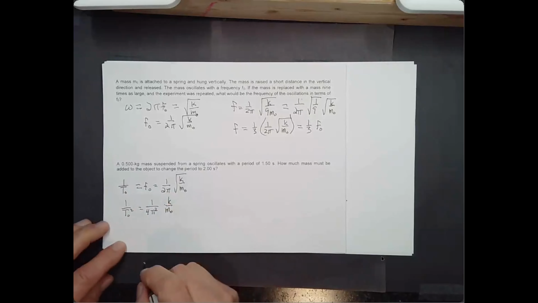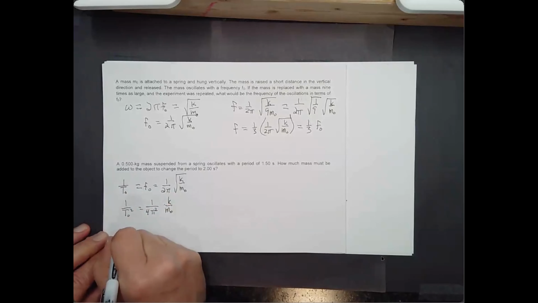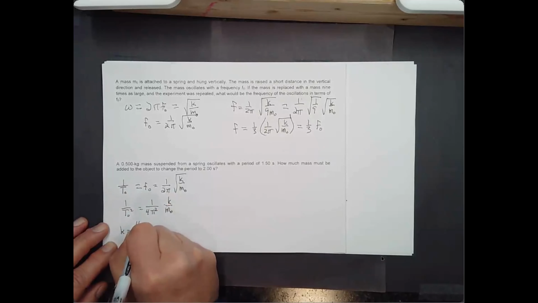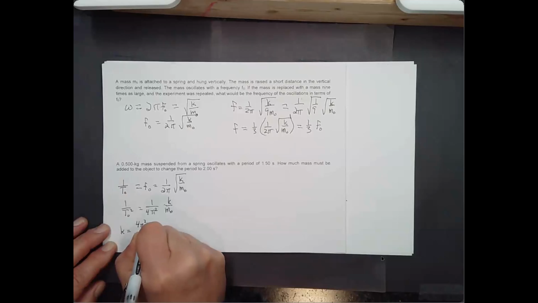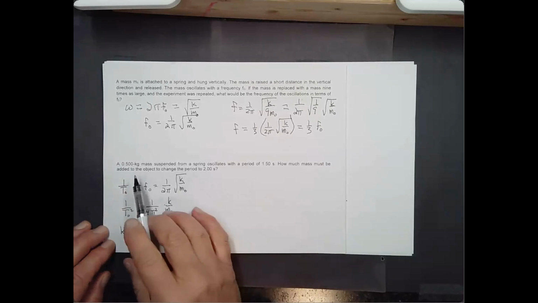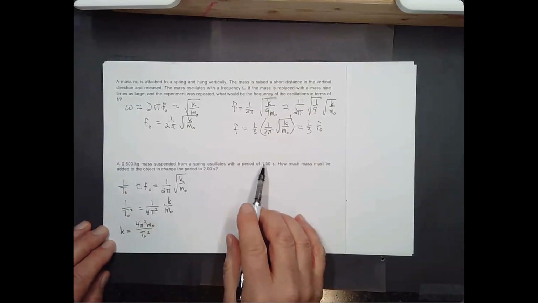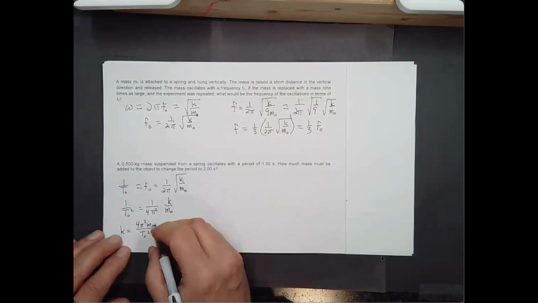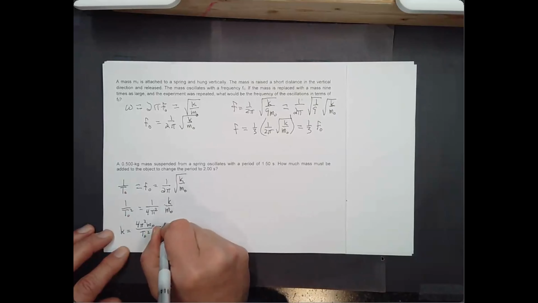If I solve that for K, I have K is equal to 4 pi squared M naught over T naught squared. They told me what the original mass was and what the original period is, so this is just a little bit of arithmetic at this point.